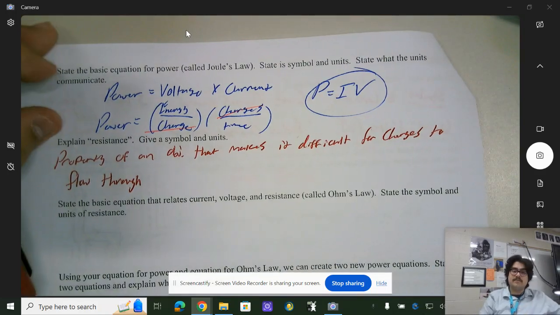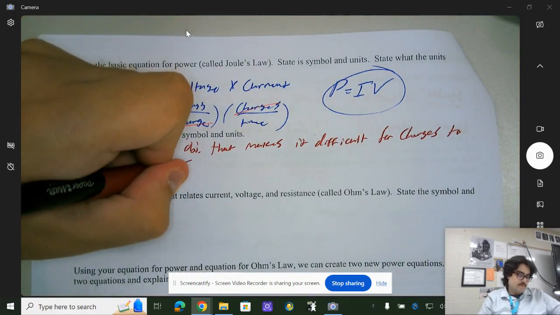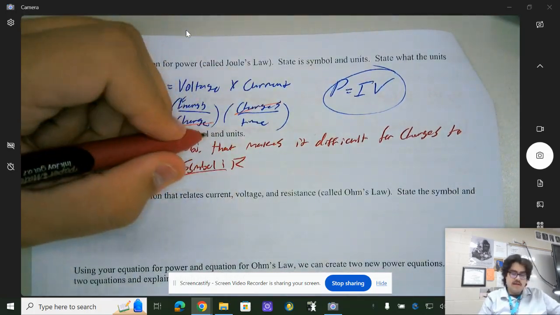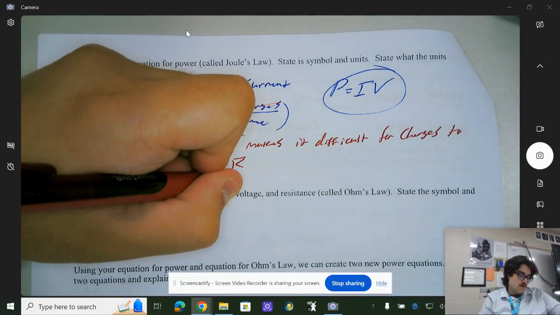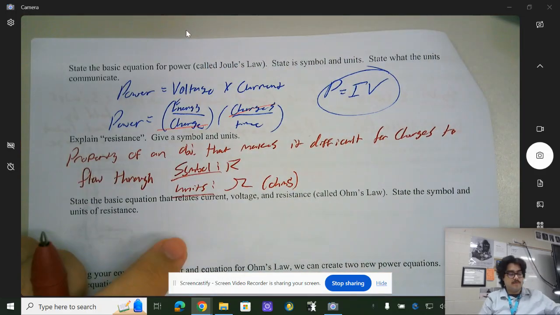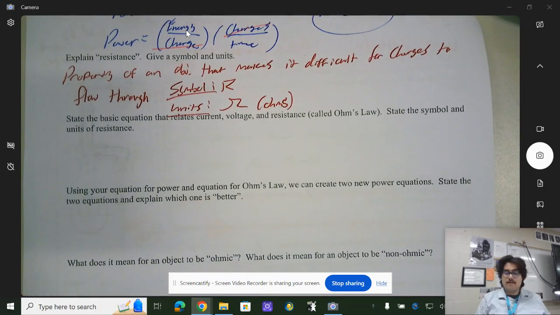Makes it difficult for charges to flow through. The symbol is a capital R, and the units are ohms. And that's supposed to be a capital omega, by the way. I'm not very good at drawing them. But that's okay.